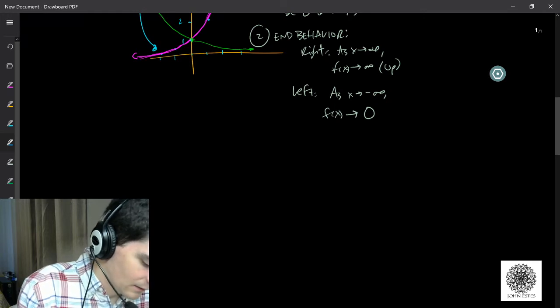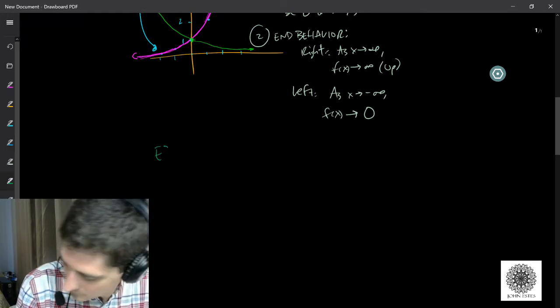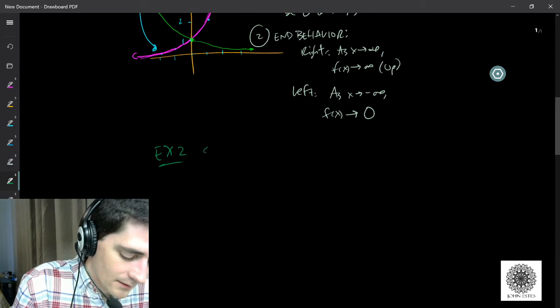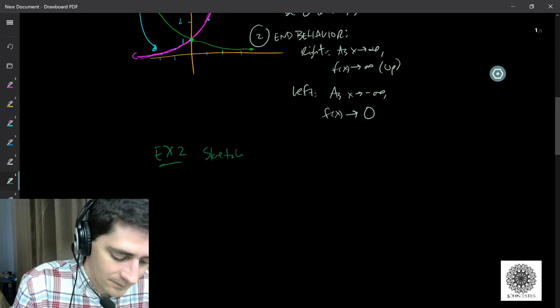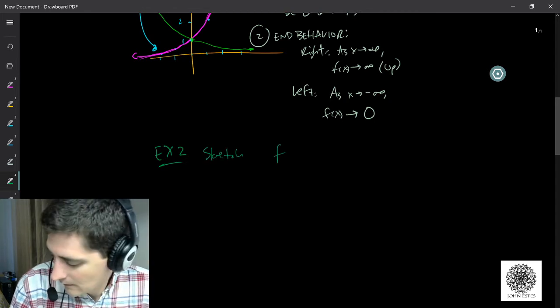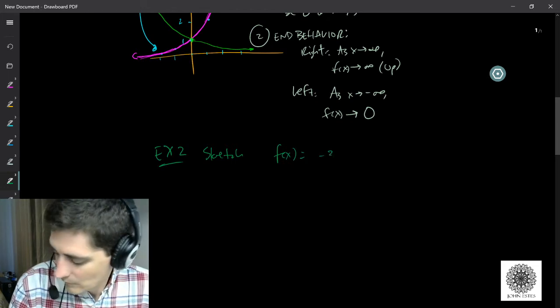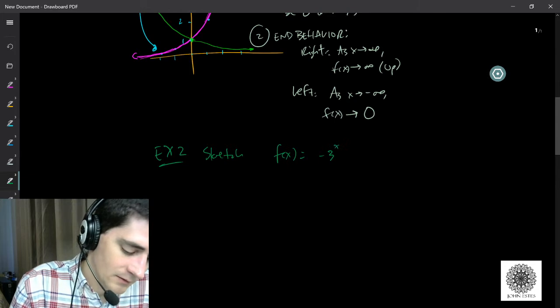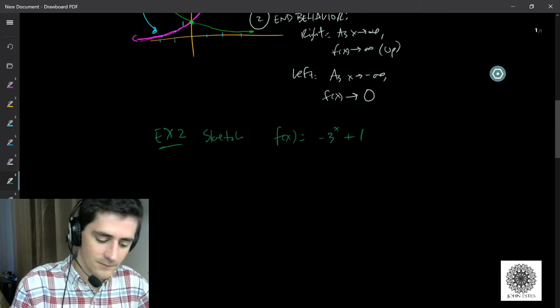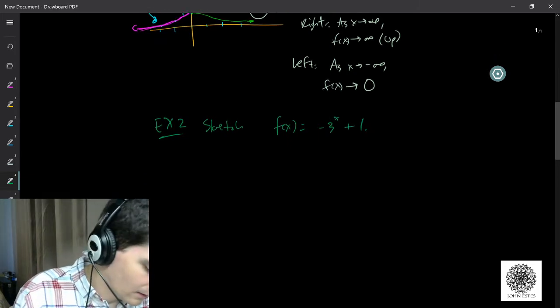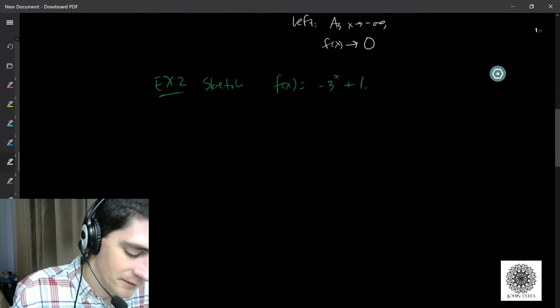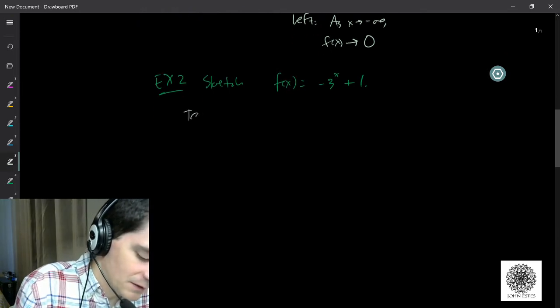So let's try example 2. Let's sketch this graph: f(x) = -3^x + 1. Now, if you remember in chapter 5, we had this transformation idea.